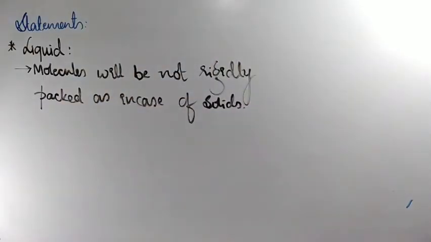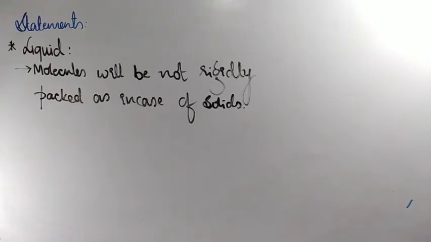So in liquid what will happen? Molecules will not be rigidly packed as in case of solids, but there is some packing fraction like that. Okay, molecules will be packed but not very tightly packed as in case of solids.